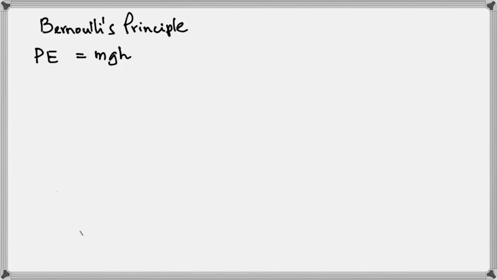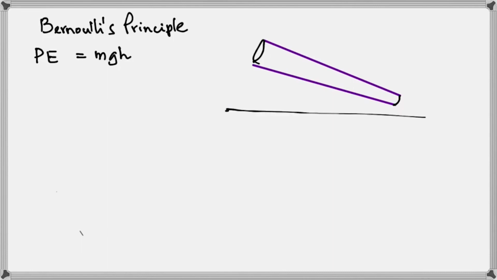Like it may be coming down a tube like that, and you know that from the ground, they are situated at different heights. We call this h1, h2. So there could be a change in potential energy as it comes from point A to point B.